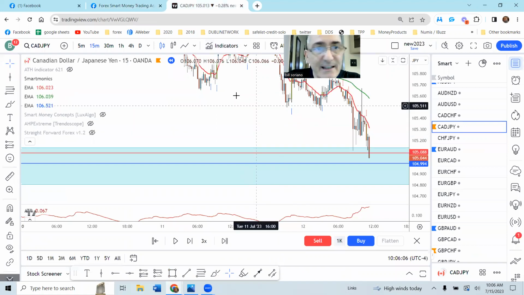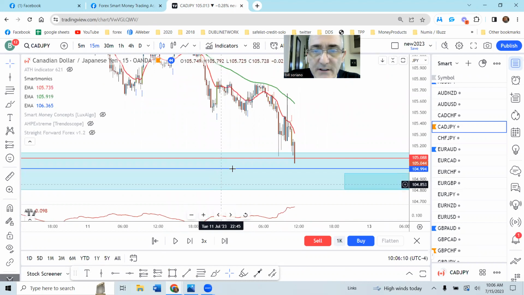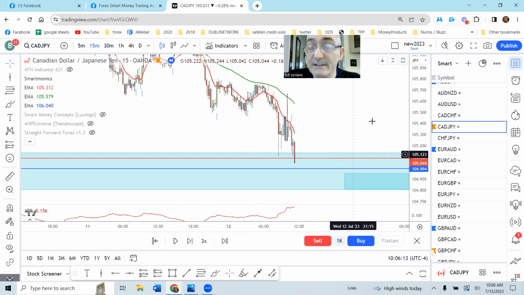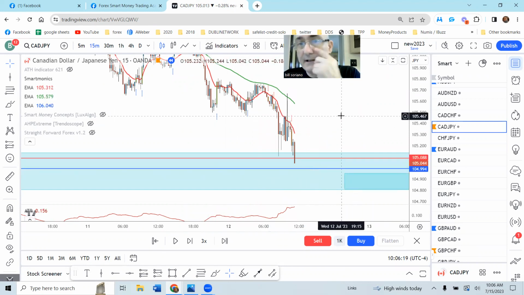So the first one is CADJPY. This teal area here, of course, is our order block that we identified on the 4-hour chart. This blue line is our point of interest. That's the area that we want to get hit.